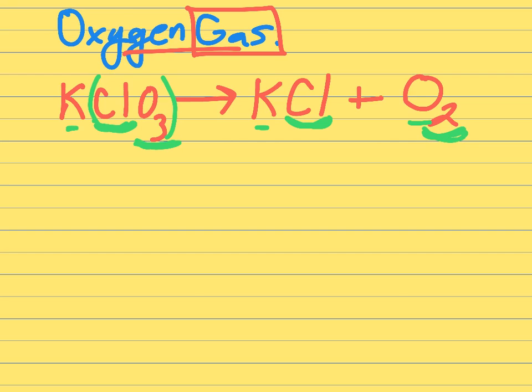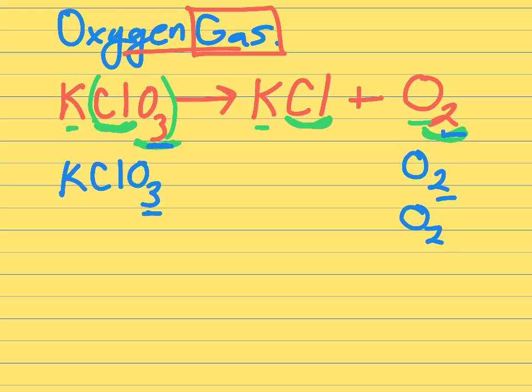Okay, so I'm going to use that hint that we said in the previous slide. I had a 3 and a 2, so that means I'm actually going to need 2 of these components that have 3, and I'm going to need 3 of these compounds that had the O2. So now I can see 3, 6, and 2, 4, 6.